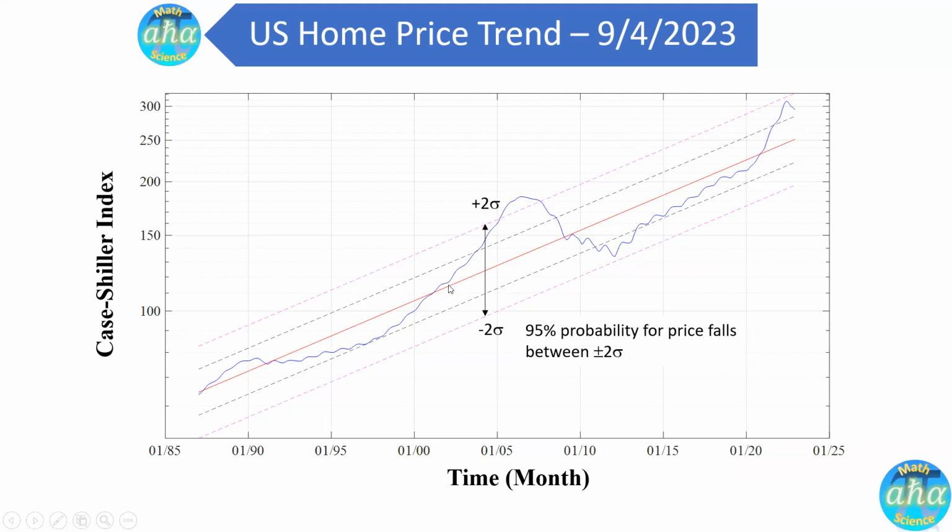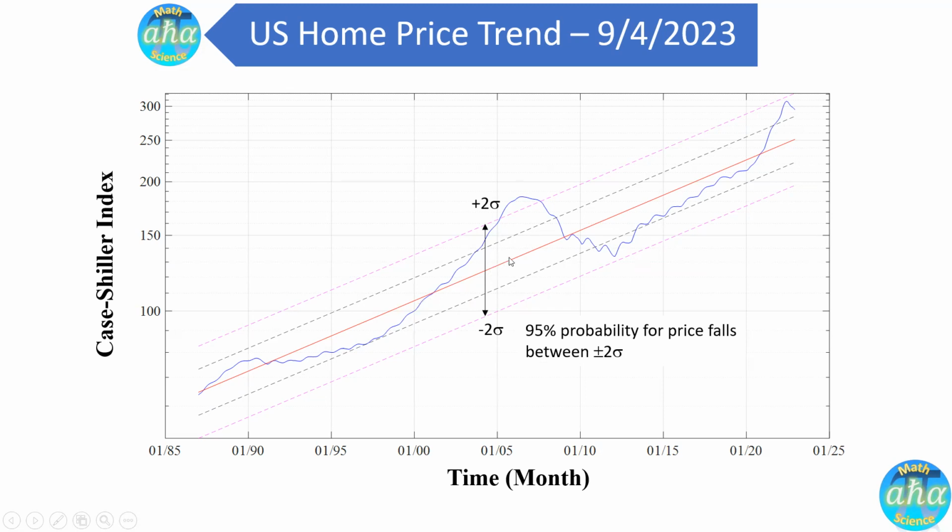As you can see on this chart, the curve is generally on an uptrend, but it does go up and down. In particular, these two pink lines are two standard deviations above and below the trend line. The trend line is shown here as this solid red line.